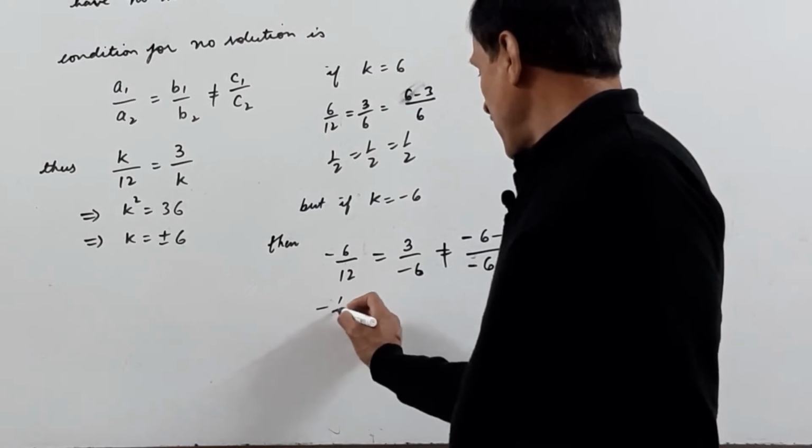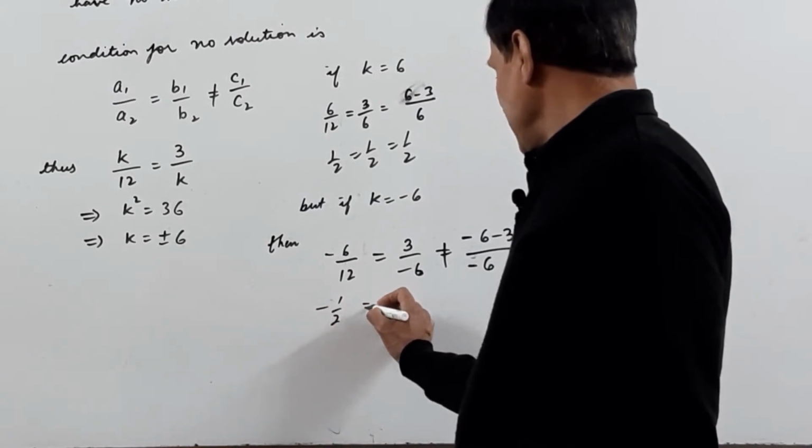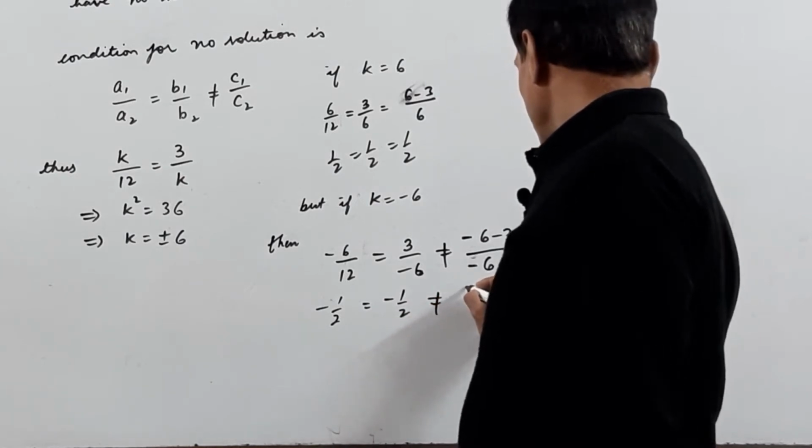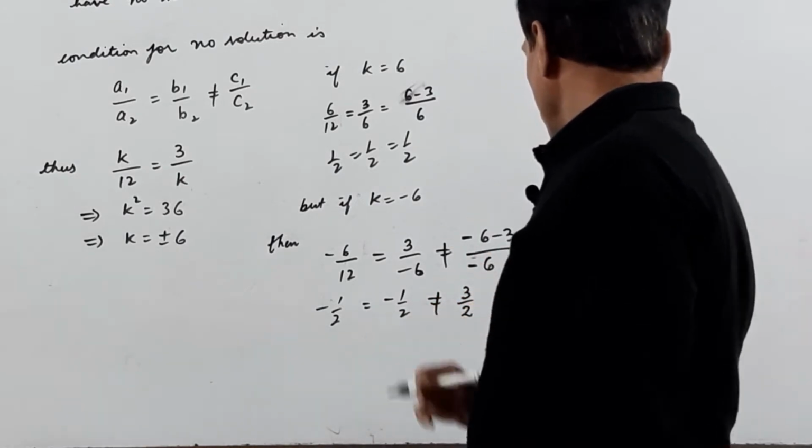This is minus 1 by 2 is equal to minus 1 by 2 but not equal to 3 upon 2.